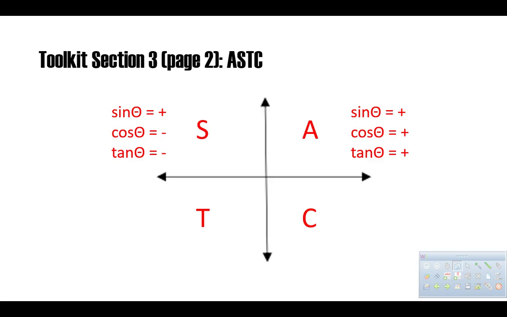So what do you think is going to happen in quadrant 3? What's going to have the positive sign? It's T. What trig function's T? Tangent. So in quadrant 3, sine is negative, cosine's negative, tangent's positive. This is not something you'll have to memorize. It's something you can memorize.